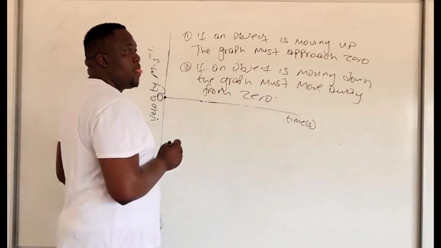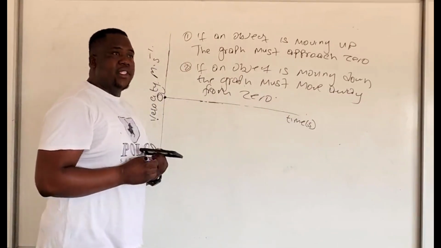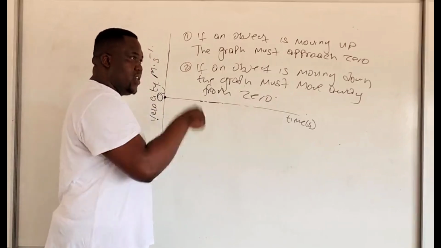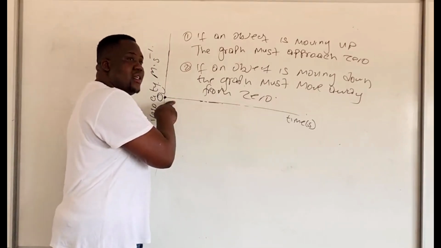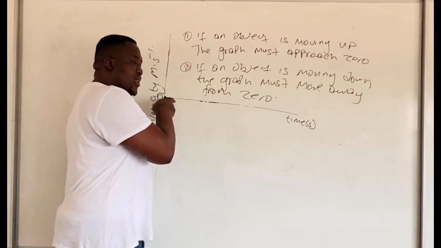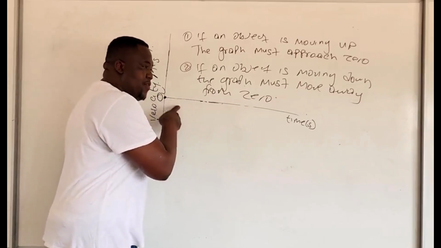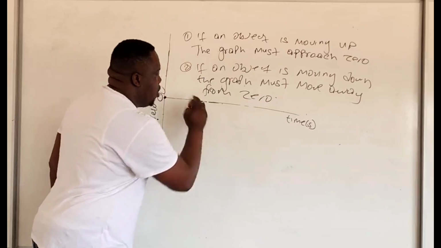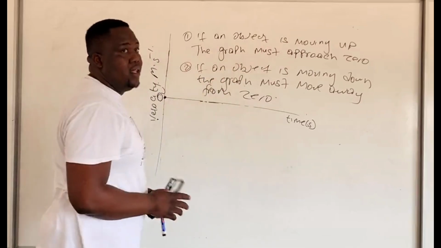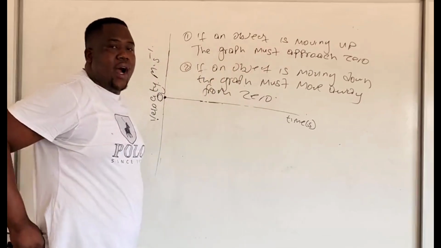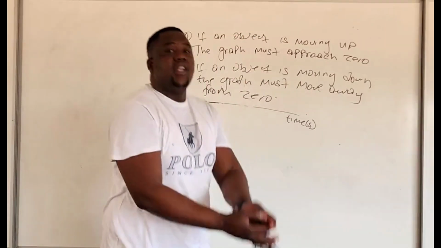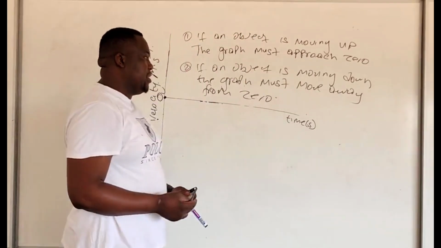Meaning that whenever you are representing an object that is moving down, the graph must be moving away from 0. It's either moving away from this side or moving away from that side. Because the object will be doing what? Will be moving down. So as the object is moving down, its velocity is going to increase.